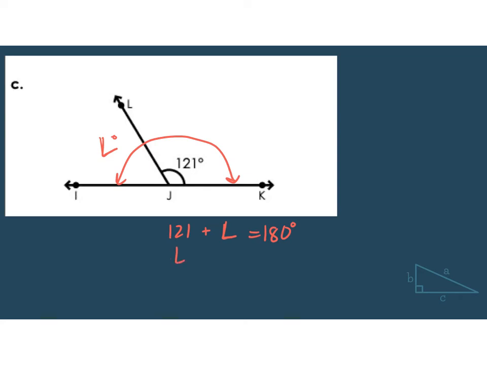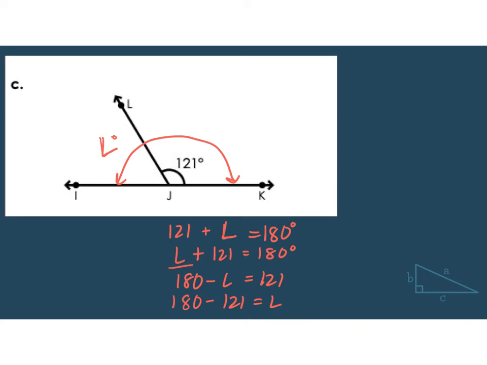Well, I can't figure anything out yet, so I'm going to do L plus 121 equals 180. Now I'm going to have to go to subtraction because I still can't really tell how I would figure out L. So 180 minus L equals 121. 180 minus 121 equals L.